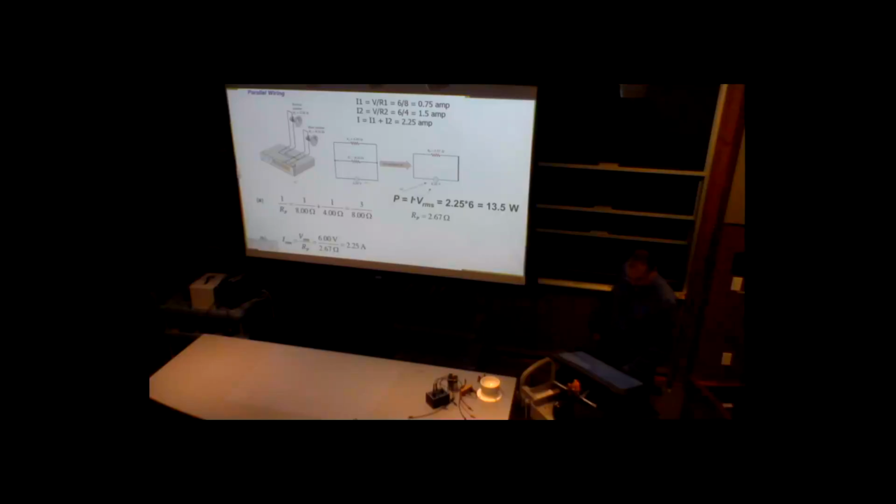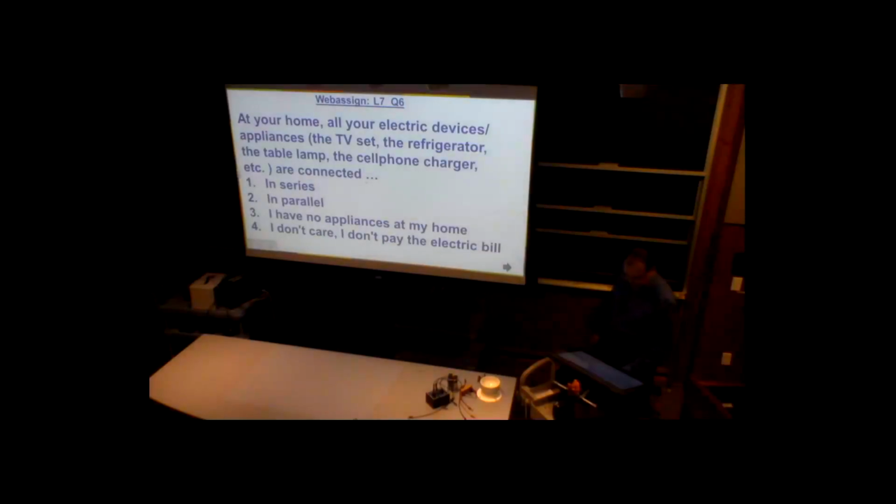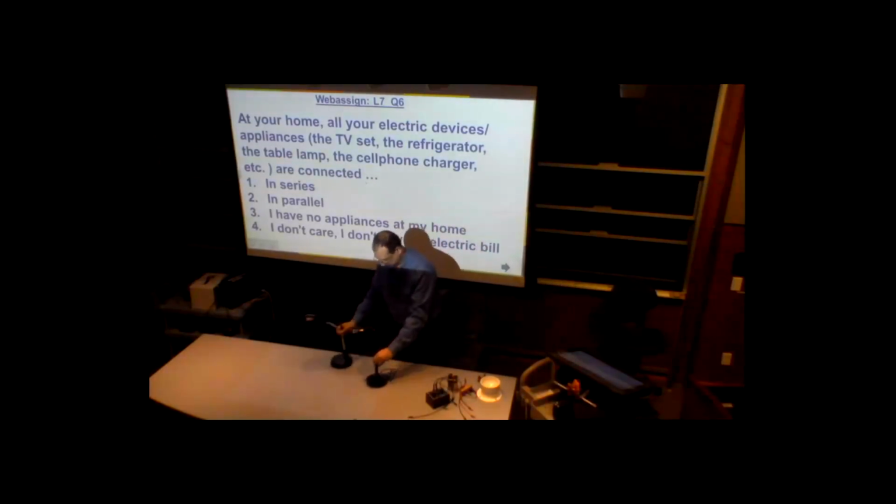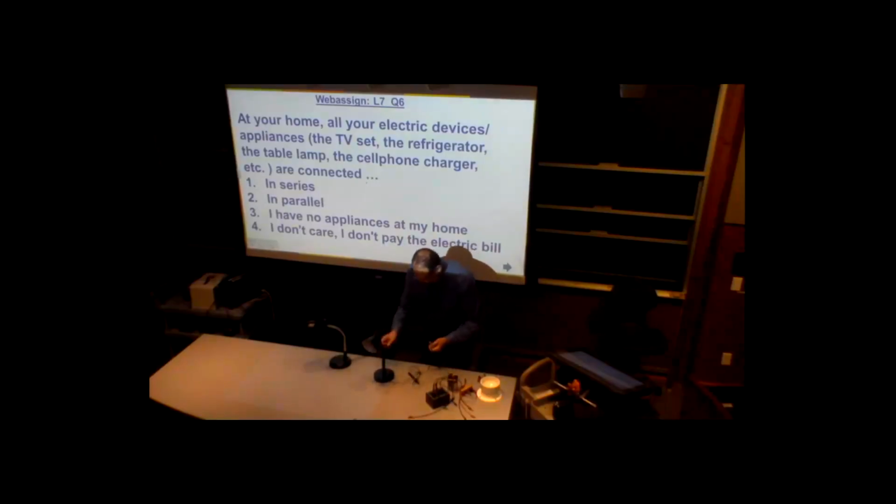The energy. Now, don't answer this question. We have 5, that's enough. Just tell me what you think. You are at home, you have many different devices. For example, here I have 2 very simple devices. I have to plug it into the power outlet.